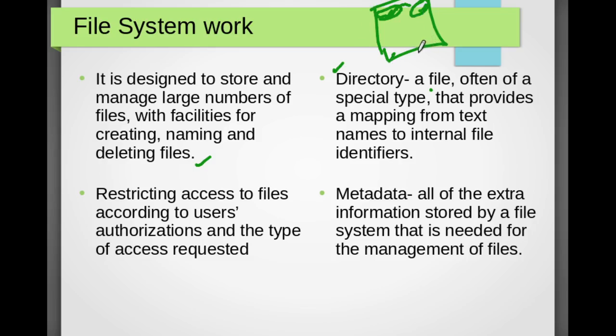It will map our text names to internal identifiers. Okay. So it can be a directory as well. Since a directory is a file, inside your directory you can have another directory as well. So directories will help you in managing the hierarchical file naming system, you know?